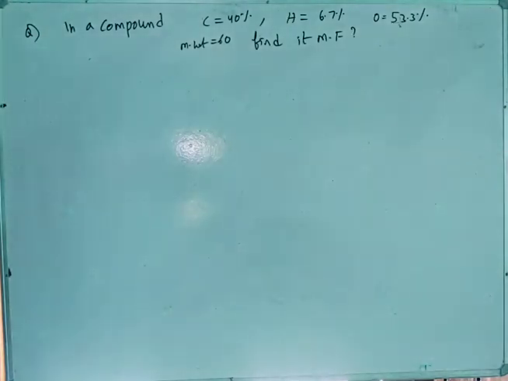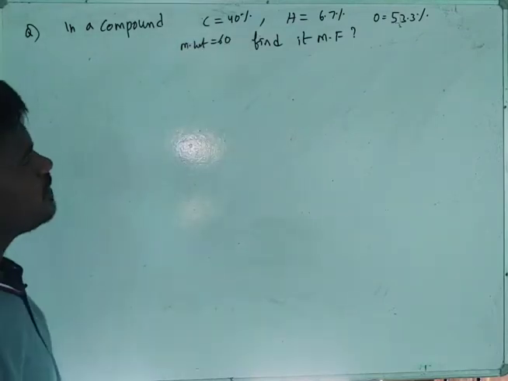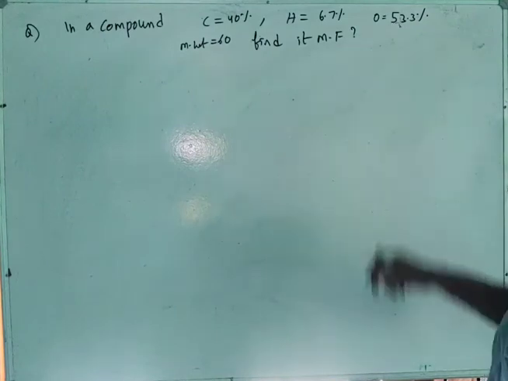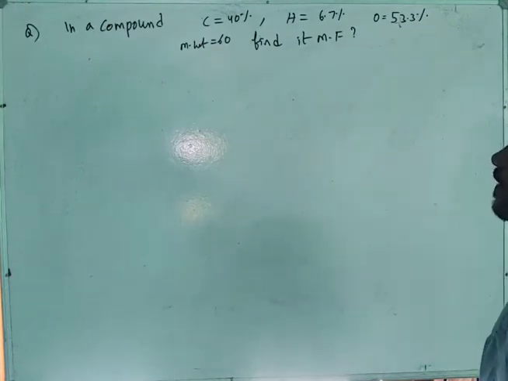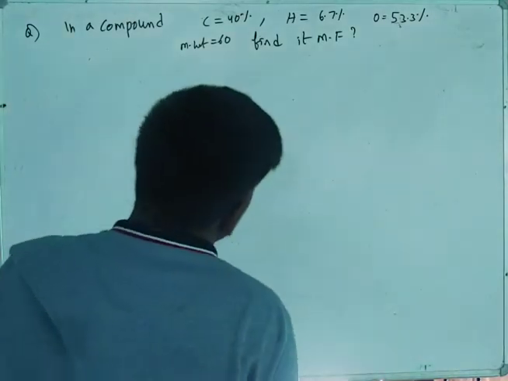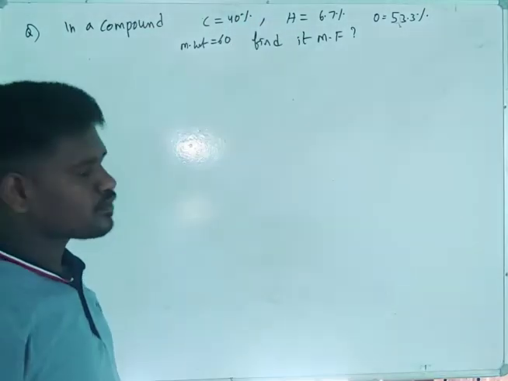Right guys, this is the next question. Here in a given compound carbon is present 40%, hydrogen is present 6.7%, oxygen is present 53.3%, and the compound molecular weight is 60. Then we need to find its molecular formula by using the given data. Okay.